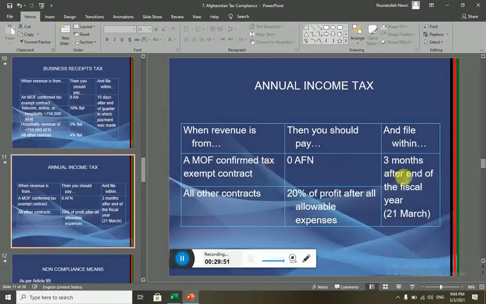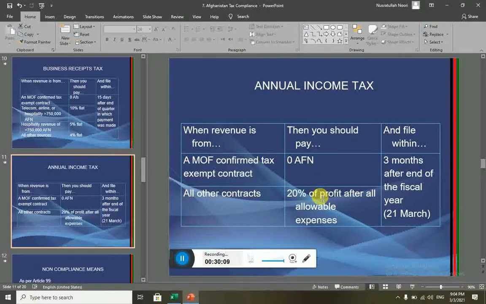So by law we have 3 months to calculate all our revenues and expenses, do financials, review and analysis, within 3 months of the next year.